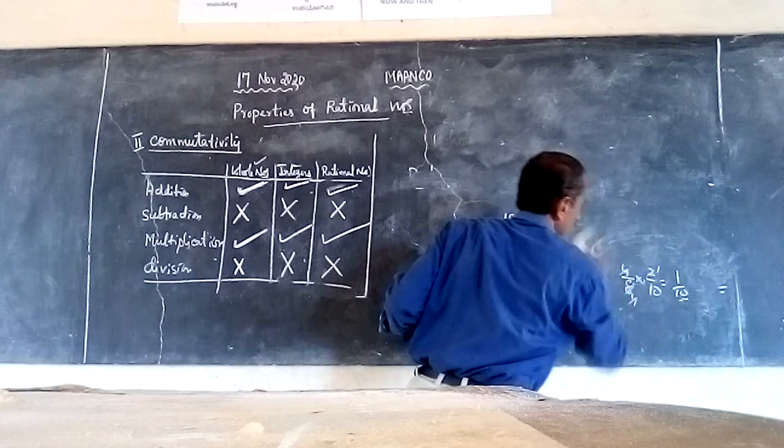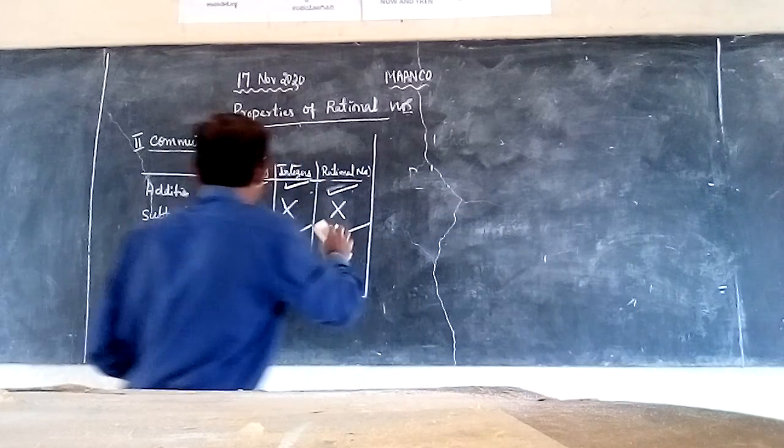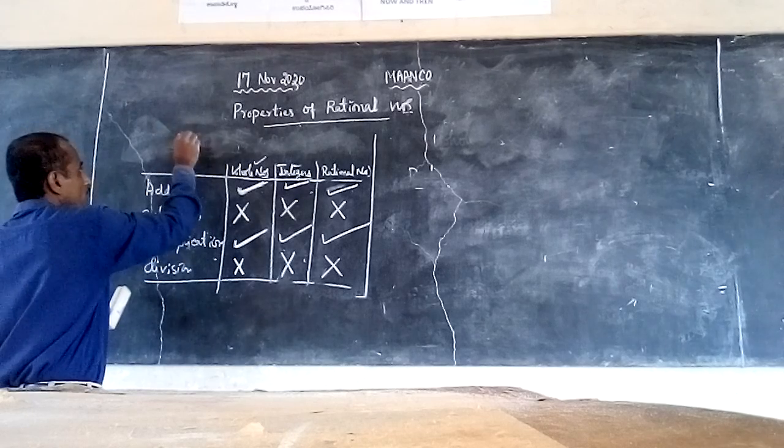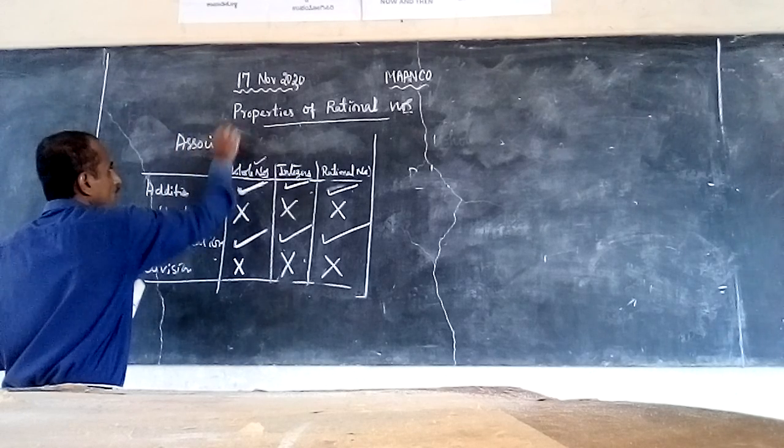Next, in the same way, the next property is the associative property. Third property, associativity. You know what is associative property?